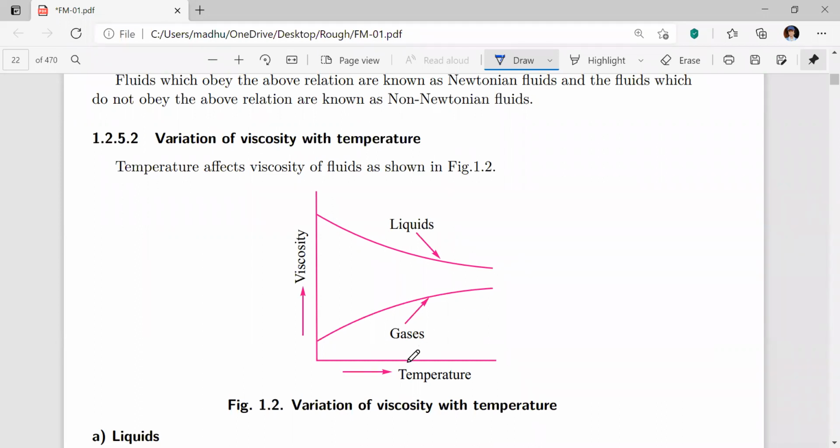Now the same is not true for gases. As the temperature increases for gases, the viscosity of the gas increases. Gas shows exactly opposite behavior to liquids. This is a very well-known thing. When you heat a liquid, let us say oil, the oil will become thin.